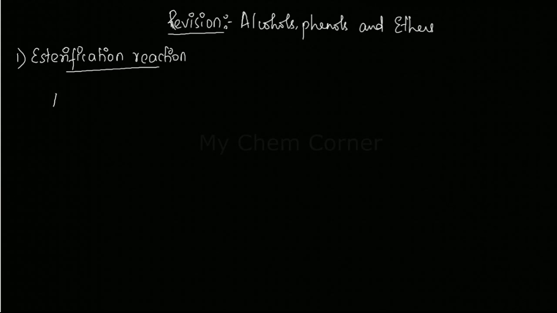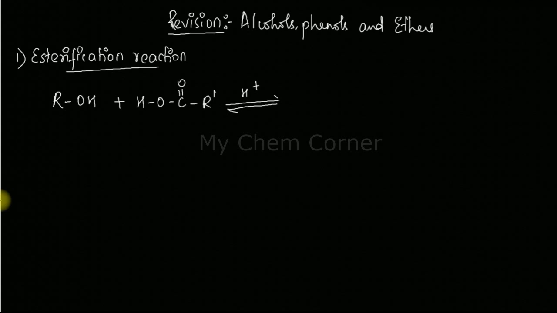So here our starting material is going to be alcohol plus carboxylic acid, and I'll just separate this in such a way it's easy for you all to understand. I'm just writing the carboxylic group the other way so that to show the elimination of reactants becomes easier.